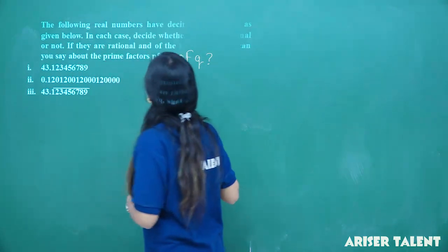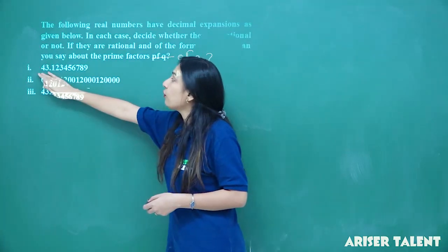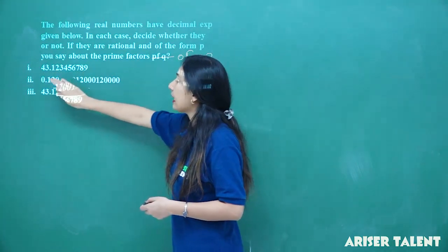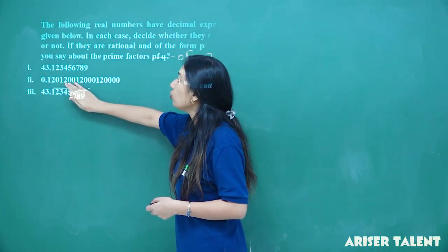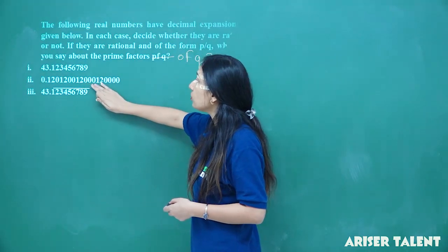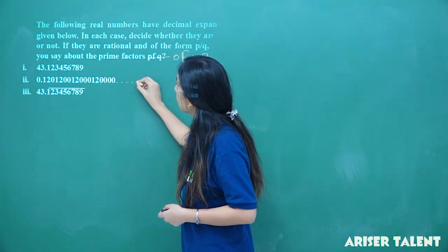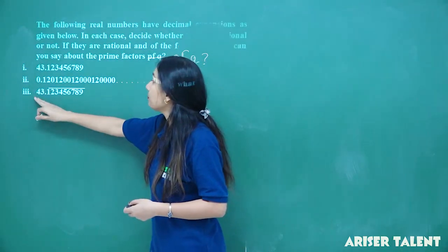Okay, this is the question, and the three numbers are given: 43.12345678. The second one is 0.120120012000120000 and so on.